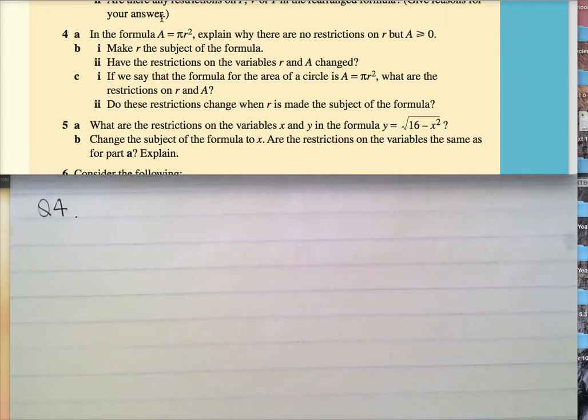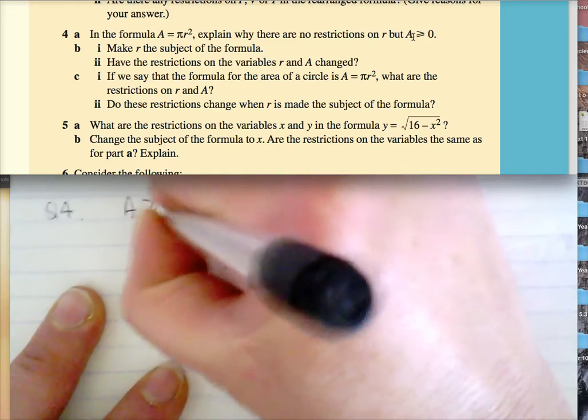But as you see it there, we know pi is the number 3.14, and r squared, even if r was negative, you'll always get a positive number. So what we know is that a will always be greater than or equal to 0.